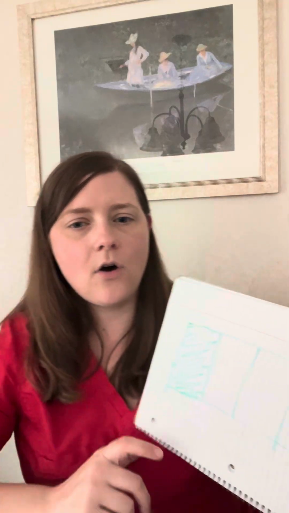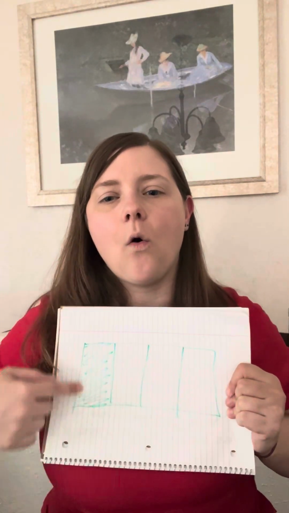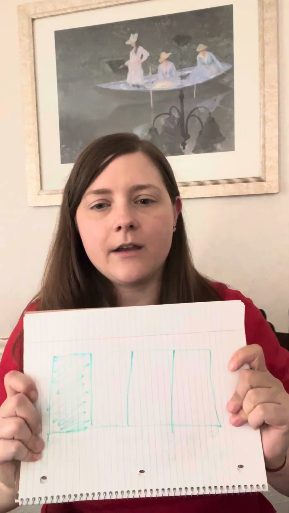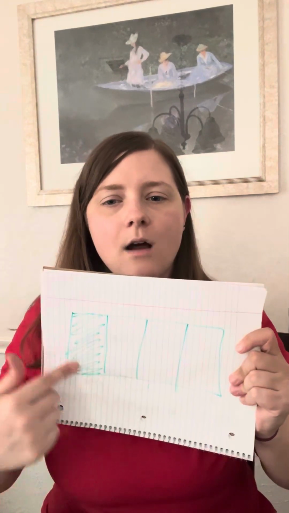So first of all, what is a percentage? Well, it's a fraction, essentially. What you're trying to find is going to be a part of a whole, right? So here, for example, we have a whole object, and then we have 1, 2, 3, 4 boxes, and then we have one shaded in.